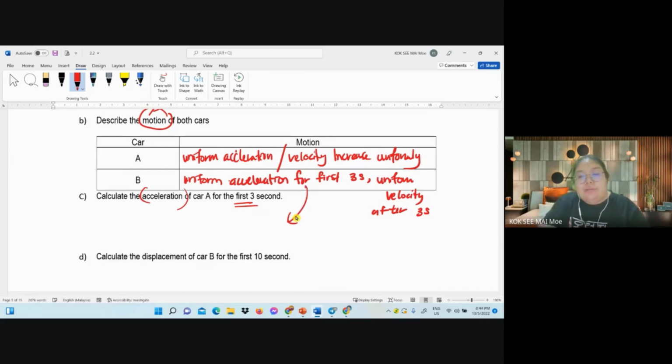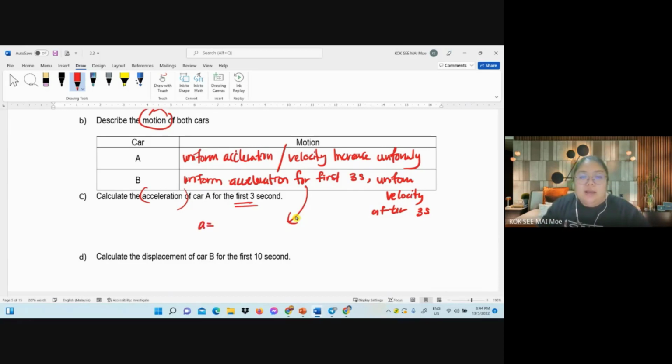Although you calculate it in B, if in C you never write anything, they will assume you got it wrong, because you answered in B and never answered in C. So you must read the question carefully. So we go to find the acceleration for the 3 seconds.